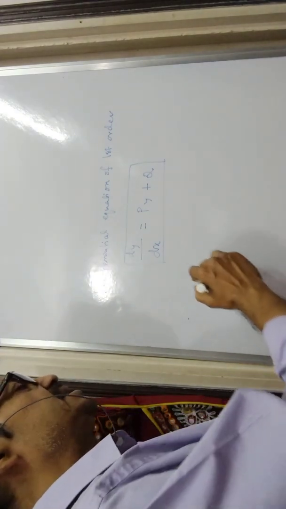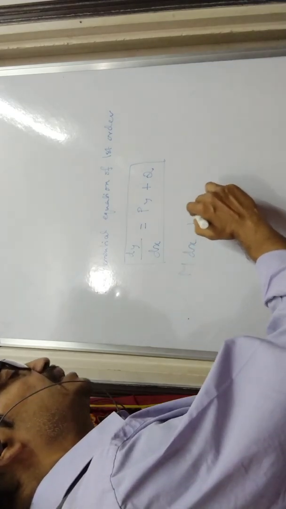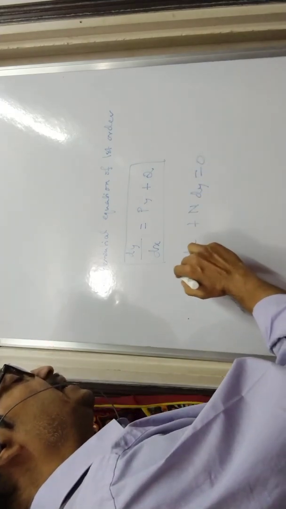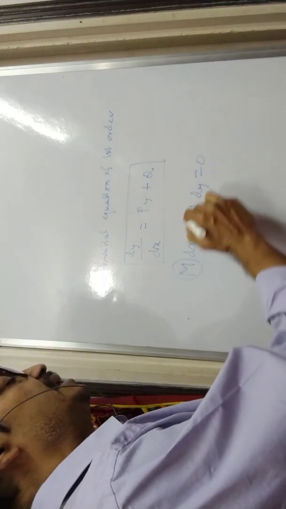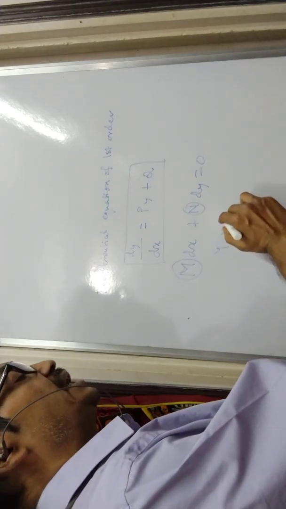And another format is M dx plus N dy equal to 0, where M and N are functions of both x and y.